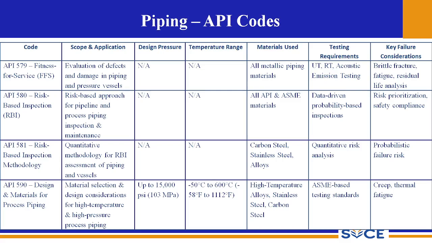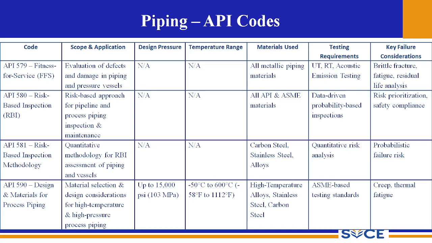Here the materials used will be all metallic piping materials. The testing requirements are the ultrasonic test, radiographic test, acoustic and emission testing. The API 579 considers brittle fracture, fatigue, residual life analysis. Then API 580, risk-based inspection.